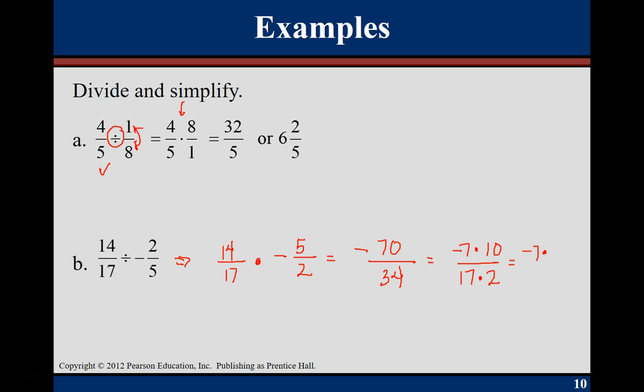Negative 7 times 10, well, 10 could be 5 times 2, and I have a 2 in my denominator. Since I can't divide out the negative 7 or the 5, I'll leave my numerator as negative 35 over 17.